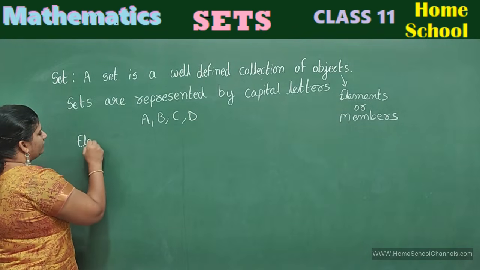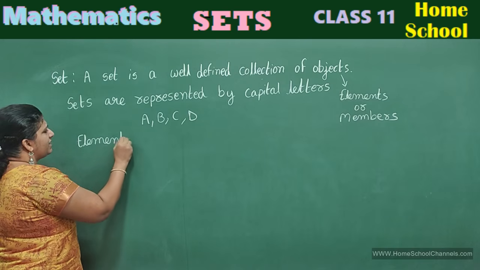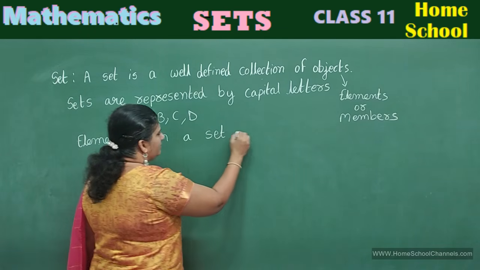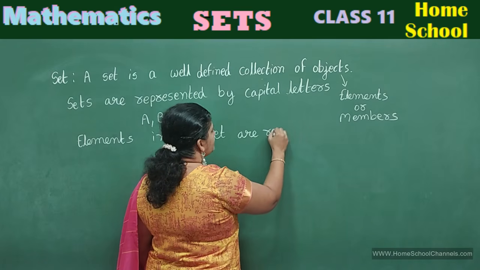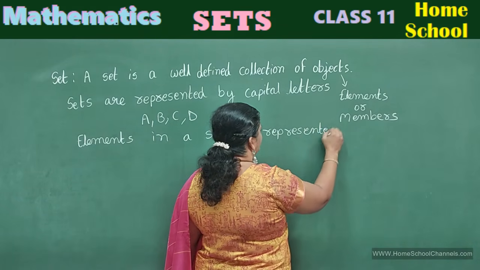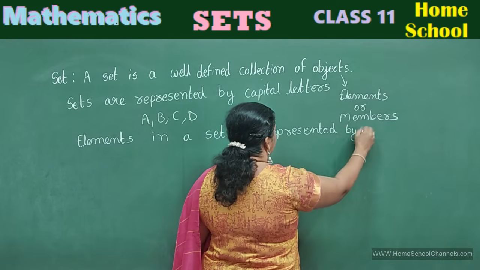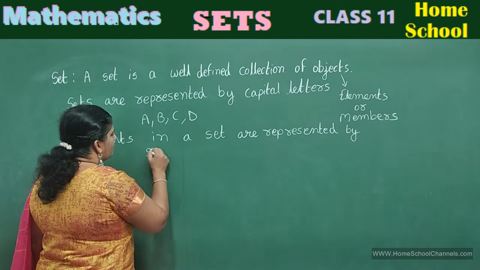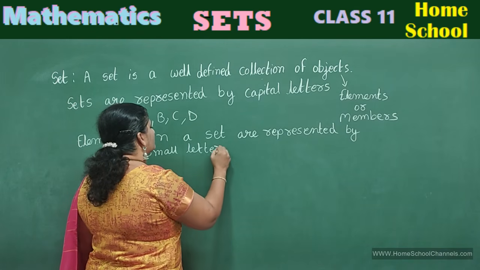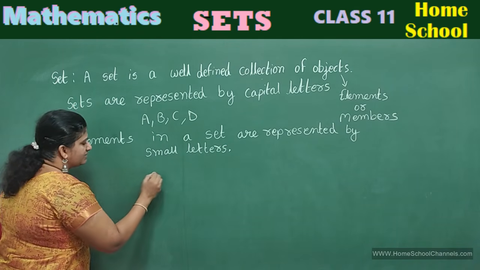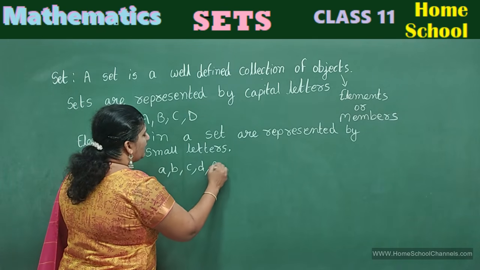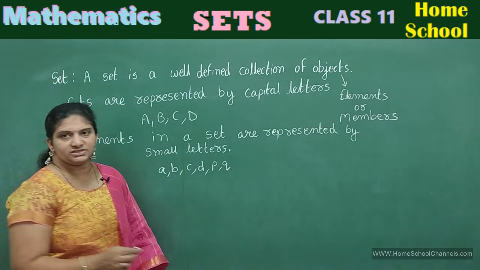Next, elements in a set are represented by small letters, like a, b, c, d, p, q, any letter you can use.